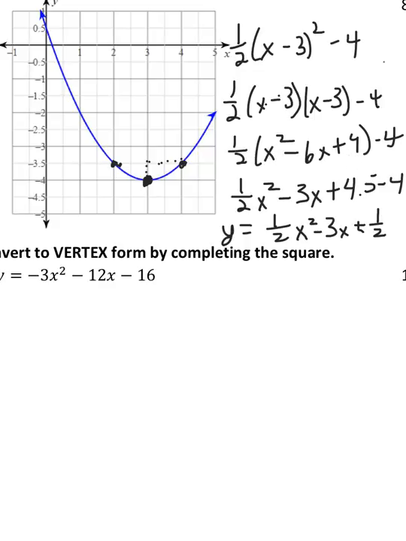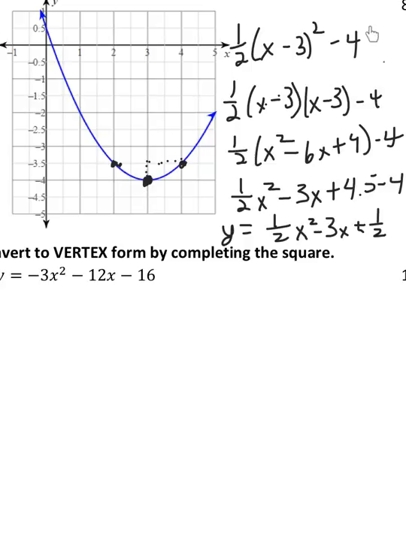And then I had to distribute this 1/2 through this trinomial right here, and I got 1/2 x squared minus 3x plus 4.5, and then I subtracted the 4, so I got 1/2 x squared minus 3x plus 1/2, and that's my final standard form for this graph right here.